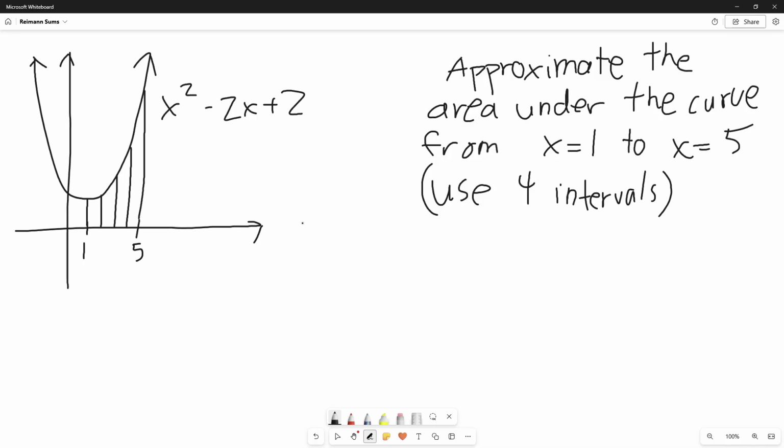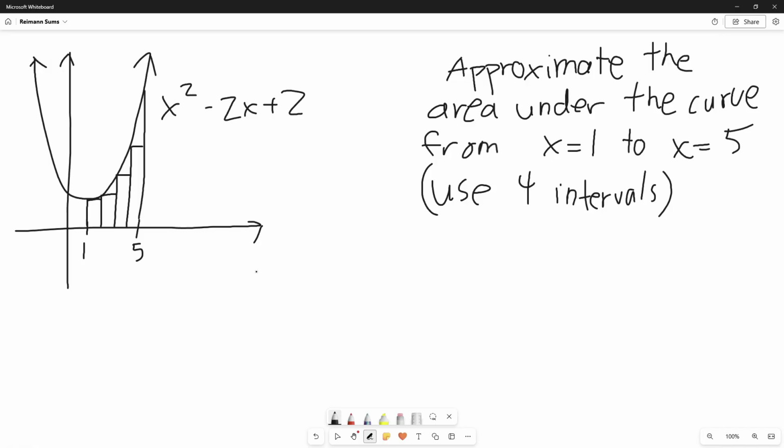And for this one, just as an example, I'm going to be using the trapezoidal rule. So I'm going to be finding the left sum first, and then the right sum, and then averaging those out to find our trapezoidal sum.